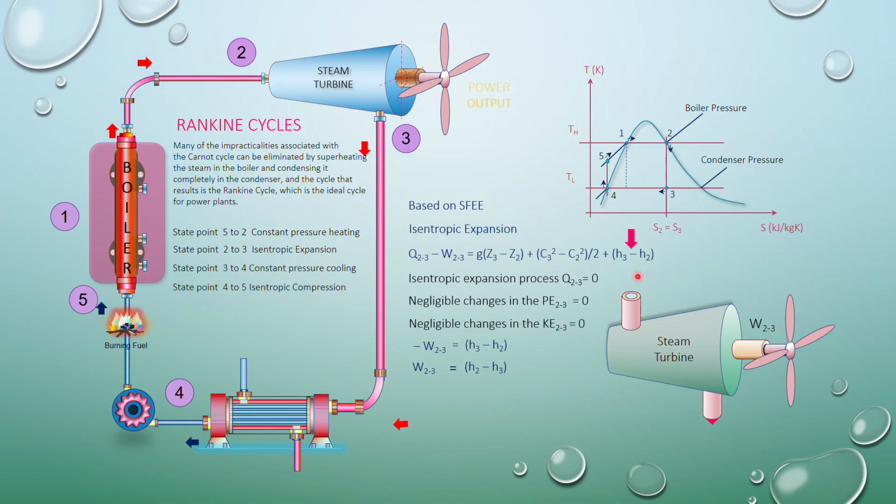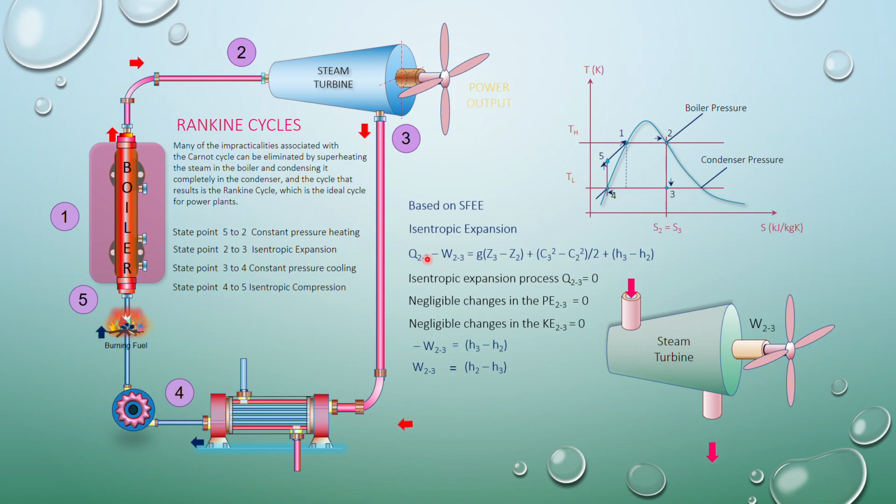Therefore, we have to refer to the steady flow energy equation. First, we can look into 5 to 1, 1 to 2, 2 to 3, 3 to 4 or 4 to 5. Any of these you can pick up and look at first. The first one I have picked is 2 to 3, the isentropic expansion process, which is based on the steam turbine.